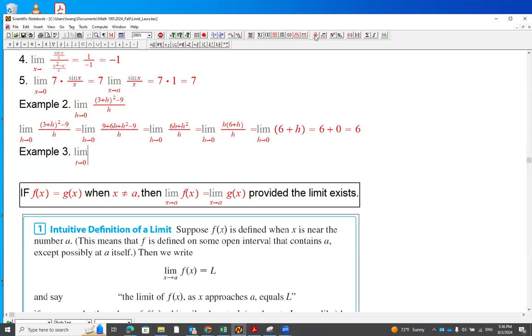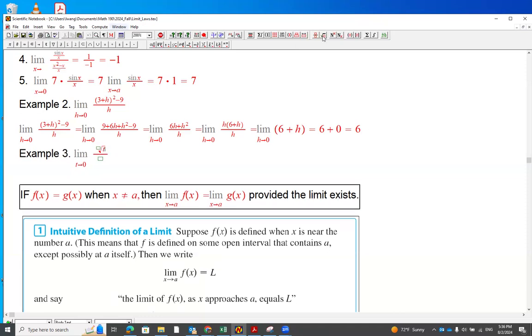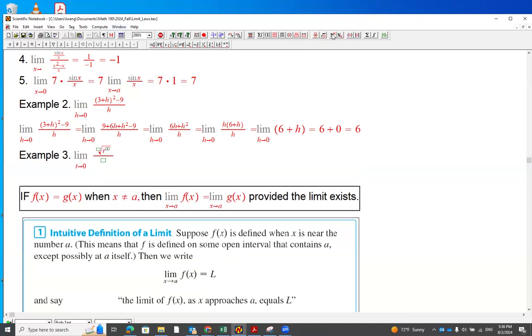And we have a quotient again. Okay, we have a square root of t squared plus 9, minus 3, divided by t squared.